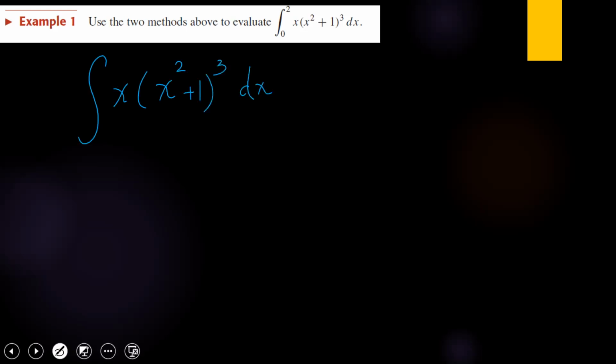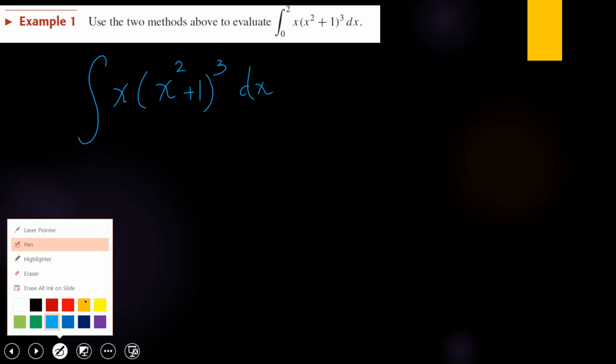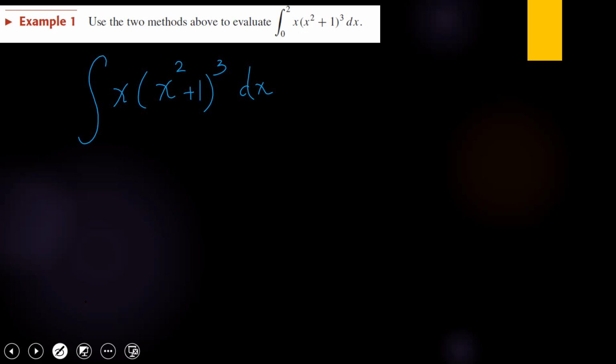Where's the part that makes it complicated? Is it x or x squared plus 1? It's x squared plus 1. So I will suppose that this is u. Let u equal x squared plus 1.